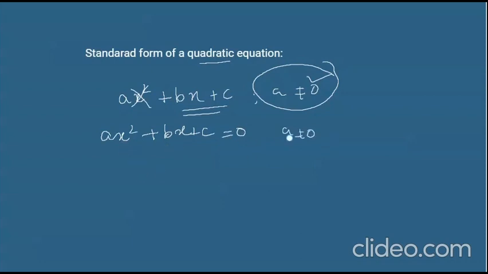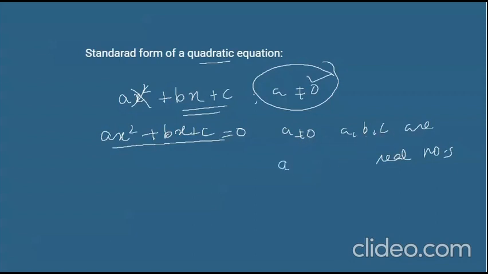And a, b, c are real numbers. So what do we mean by a quadratic equation? An equation of the form ax square plus bx plus c is equal to 0, where a is not equal to 0. Again, if a is equal to 0, this term will not exist, and it will reduce to a linear equation. So a should not be equal to 0, and a, b, c are real numbers.